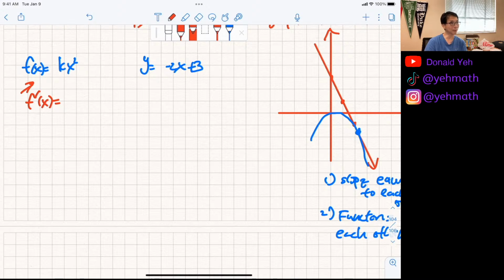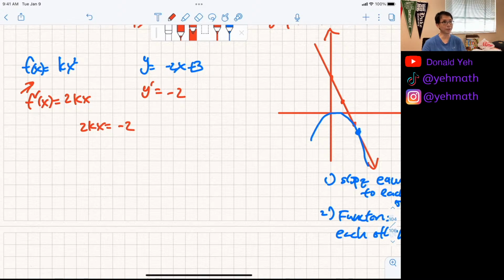So what do you think the derivative of kx squared is? 2kx. And what's the derivative of negative 2x plus 3? Negative 2. Okay, can they equal each other?